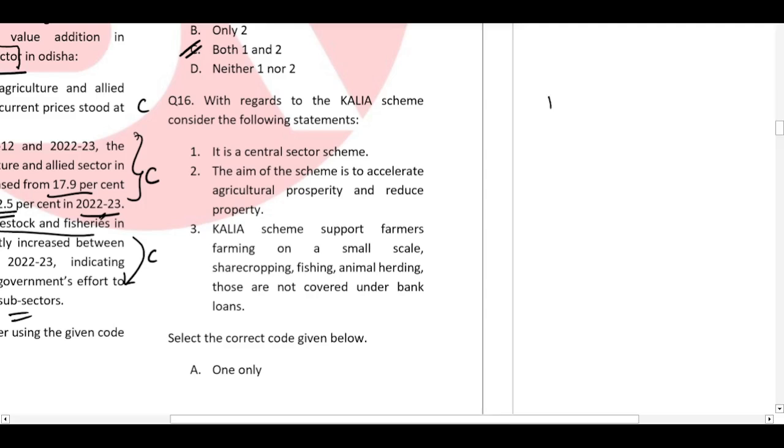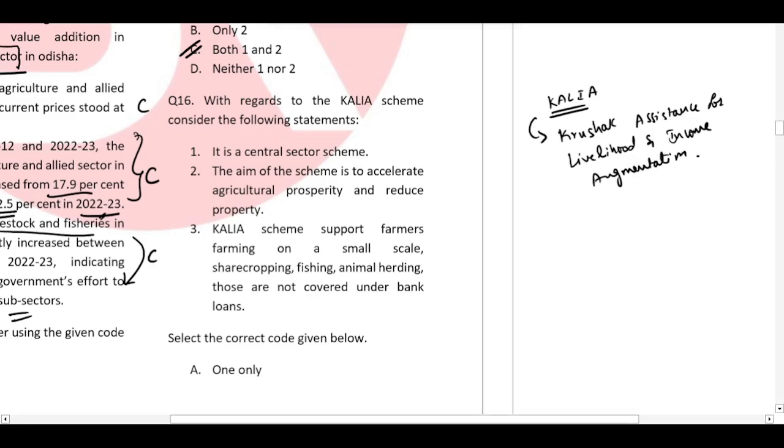The Odisha government started this Kalia scheme. This is not your Chota Bhim Kalia. Here Kalia means Krushak assistance for livelihood and income augmentation.